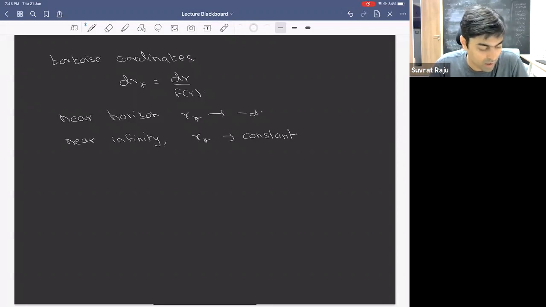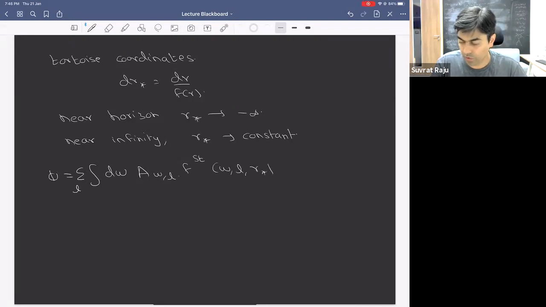Then if we expand the same field phi, with this boundary condition that it has to go to 0 at infinity, we will once again be able to write down an expansion. That expansion looks like this: a sum over L, a sum over angular momenta. I'll just explain what the notation is.